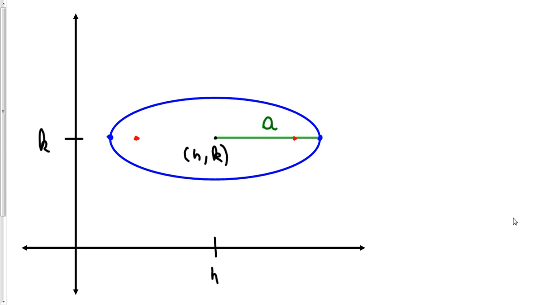So actually, that gives me a few other relationships. If I can find (h, k), then I know this point over here is just going to be k plus a, comma k. Oops, that's wrong. Not k plus a.